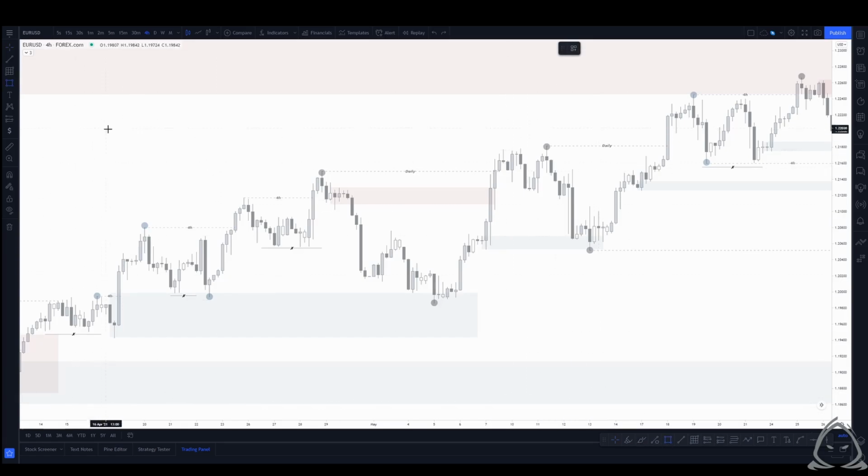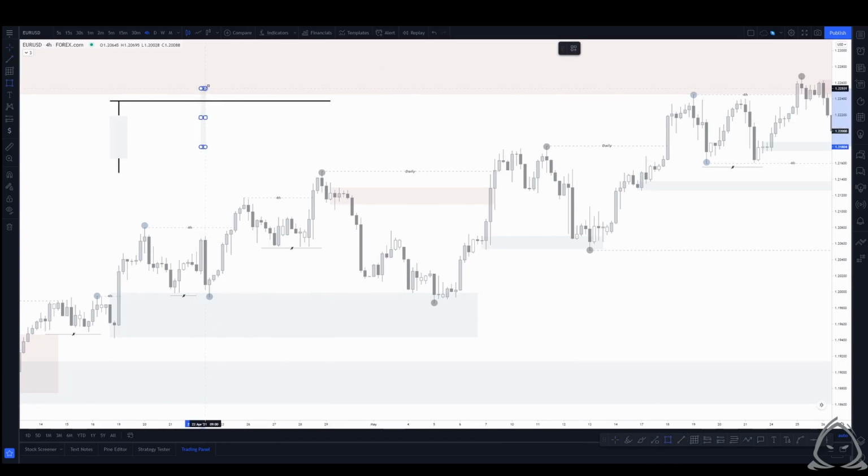And one thing I also want to just touch on very quickly is how I would be mapping out a break of structure just so that it gets cleared up as quickly as possible. So say we are in an uptrend and we create a high just like this. This would be the high that we're looking to break.